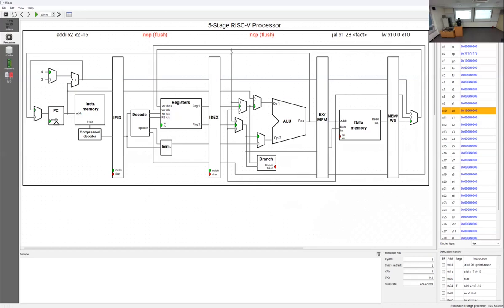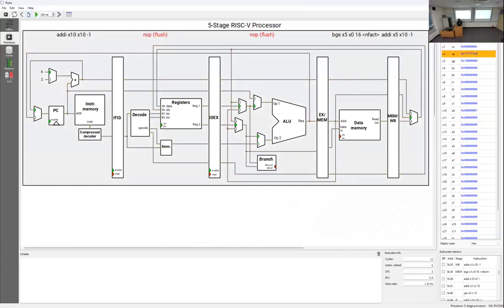Okay, it's flushed because of a branch instruction. So actually we can find some behavioral instructions in the real 5-stage pipeline processor. Okay, very good tool.